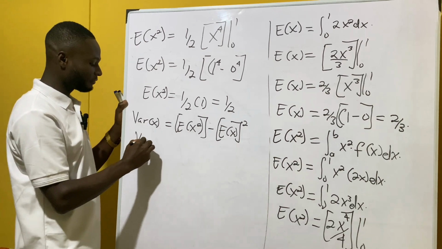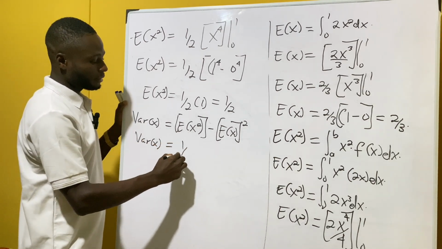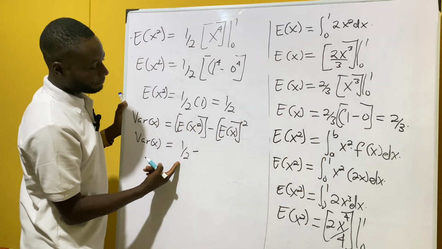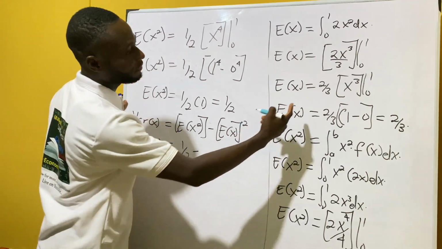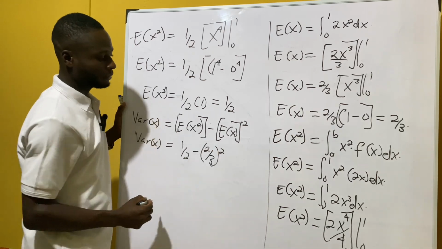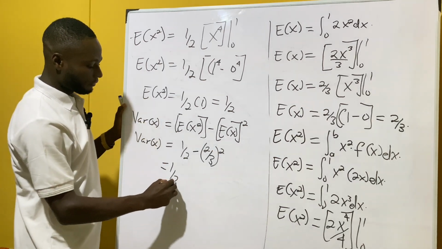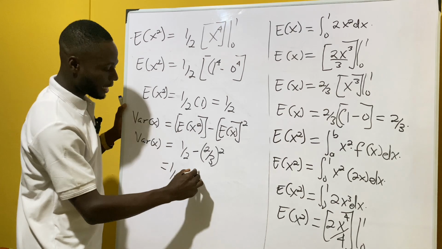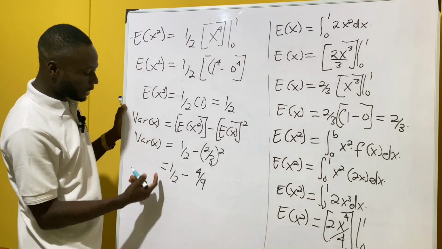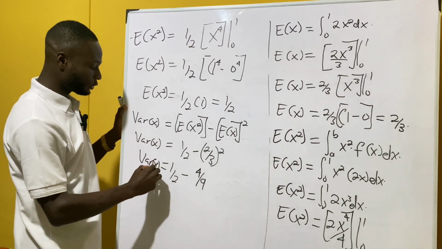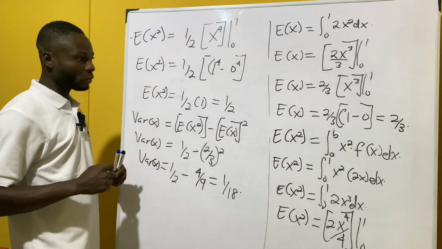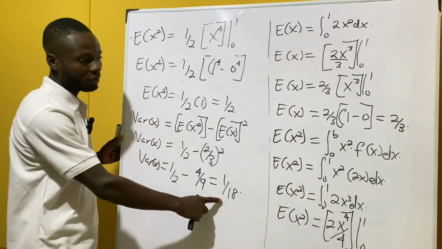So we have variance of x as half minus 2/3 all squared, right? So here variance of x will be equal to half minus 4/9, right? So we know that this simplifies to 1/18, right? So now we have variance of x as 1/18.